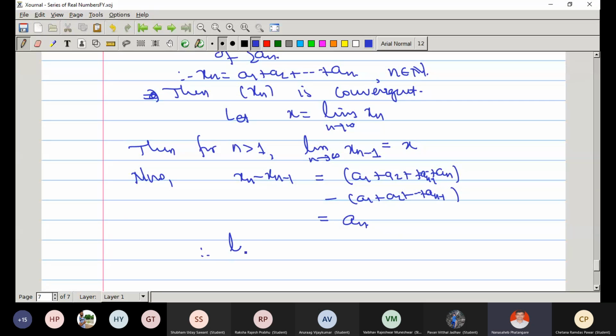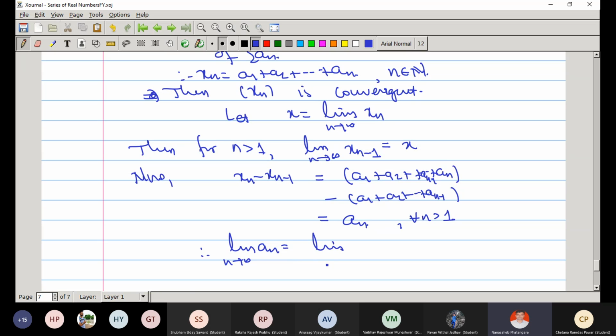And therefore what is the limit of an as n tends to infinity? This is true for all n greater than 1, right? Xn minus xn minus 1 is an, and therefore for all n this is true. So let us take the limit as n tends to infinity.